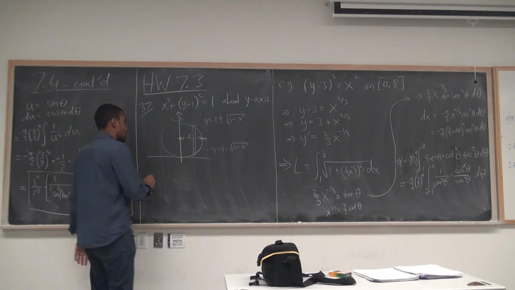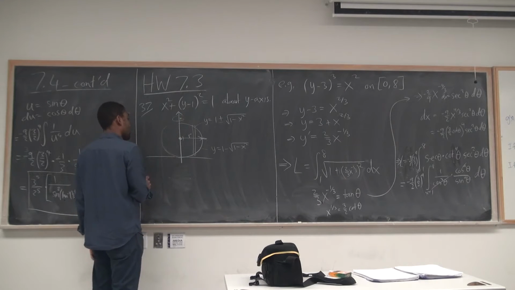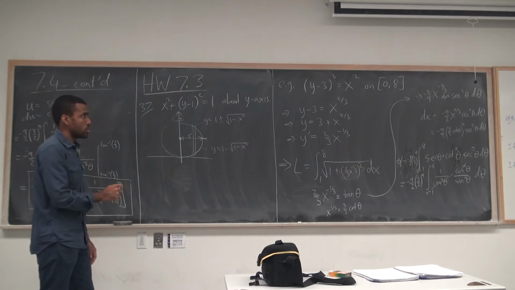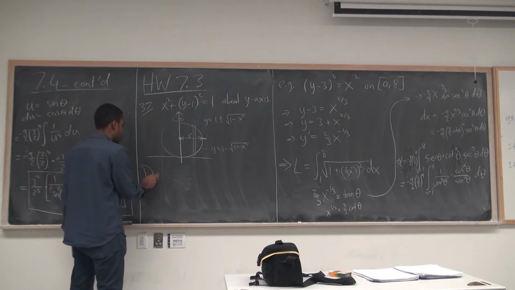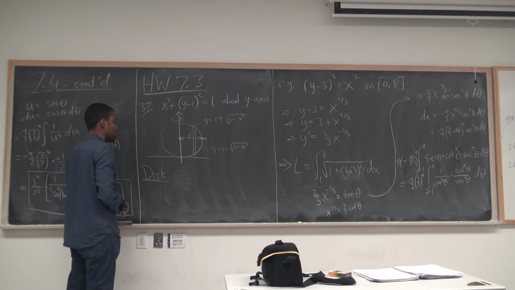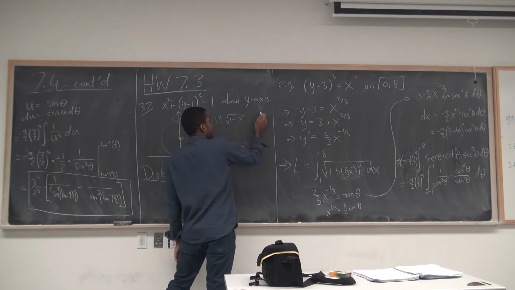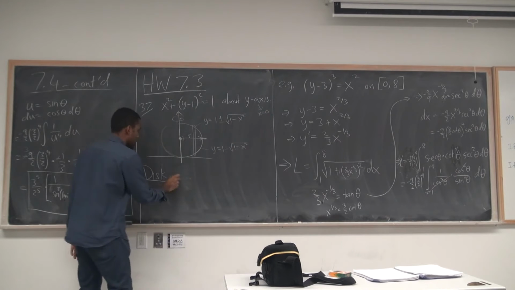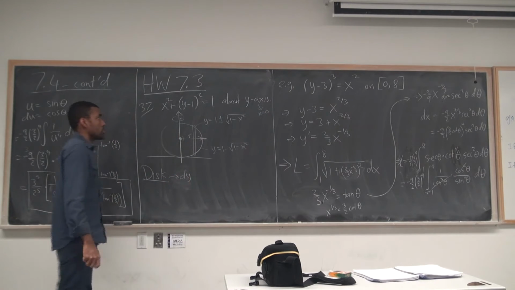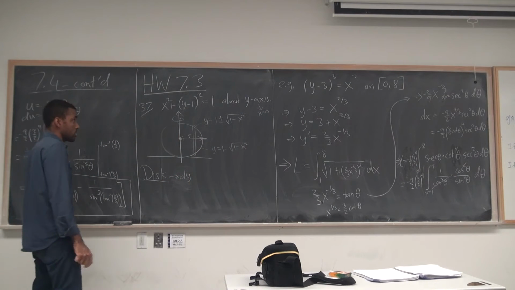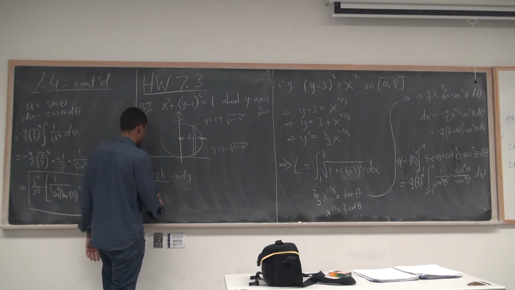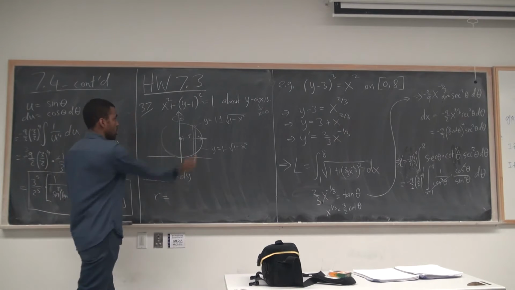Although, now, what would I do here? How does this set up? If I'm using the disk method, what variable should I be in? The y-axis is the line x equals 0, which means this is a dy problem, so I should look at things as functions of y, which means my r is just right minus left.